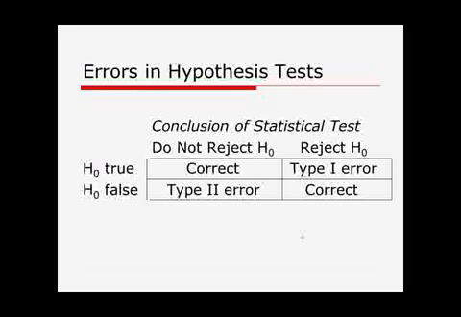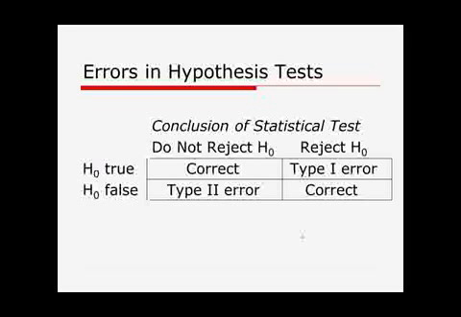Now, before we get into specific examples, there are some mistakes that we can make in statistics. When we do hypothesis tests, there are really two kinds of errors that we can make. First of all, let me tell you what I'm trying to get across with this little table. The rows of the table indicate that the null hypothesis, that's H sub 0, is either true or false.